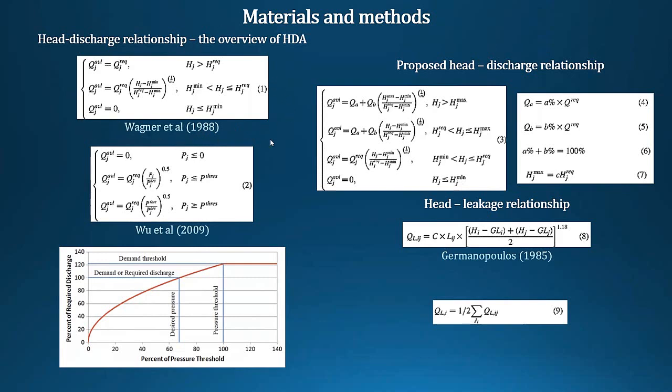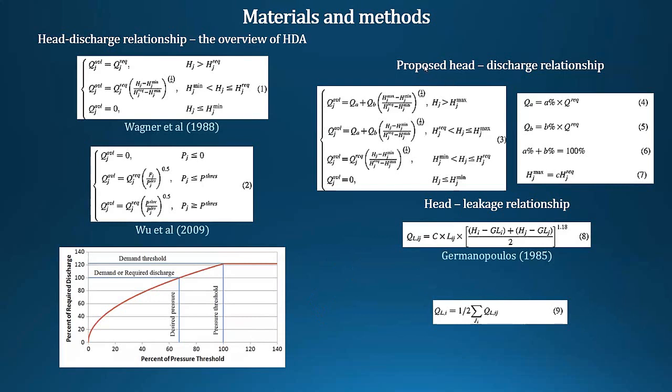These restrictions were solved by Wu in 2009, who proposed a threshold pressure, and for this range of pressures proposed this graph. In this graph, we can see that after the pressure threshold, we have a constant demand. That is the correction.